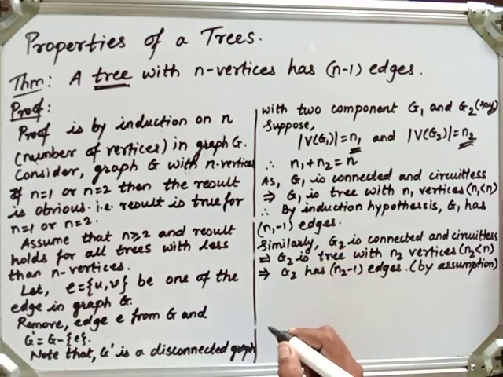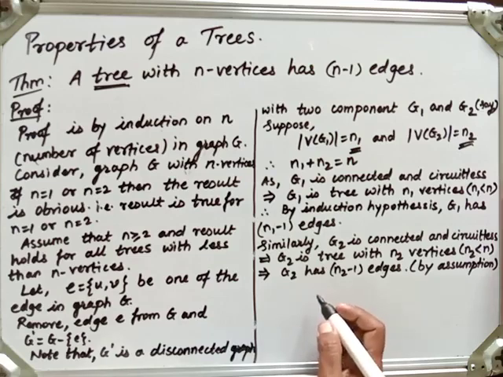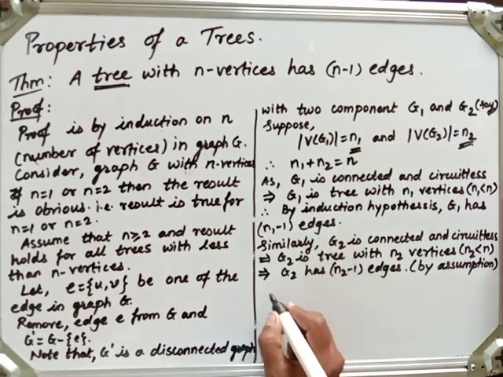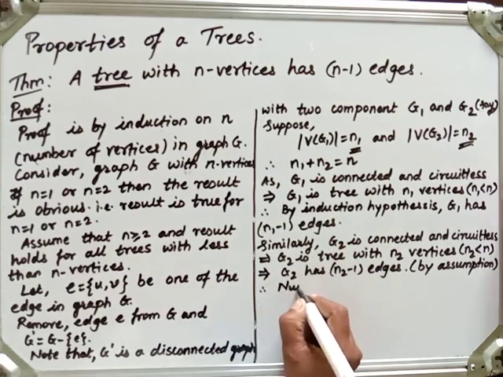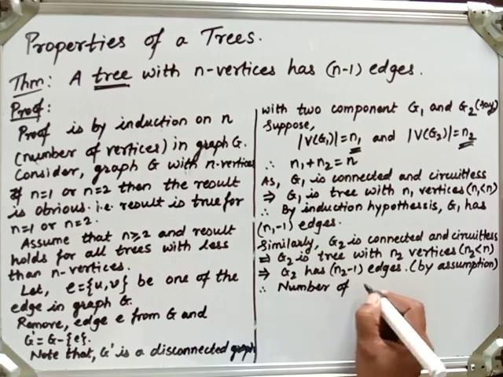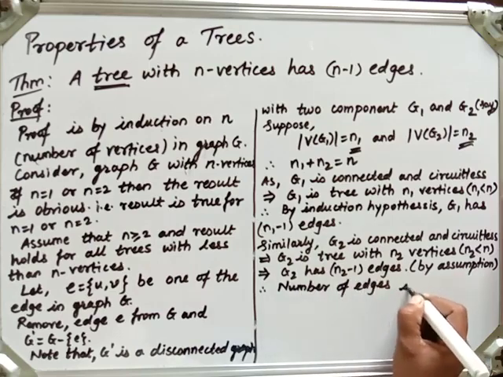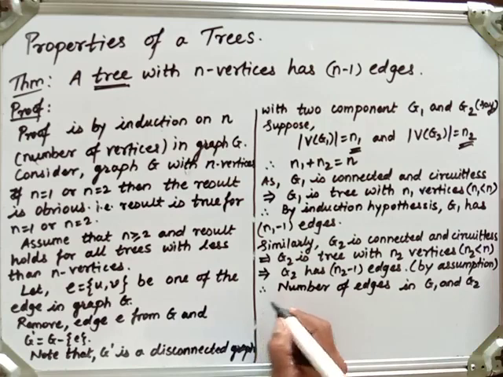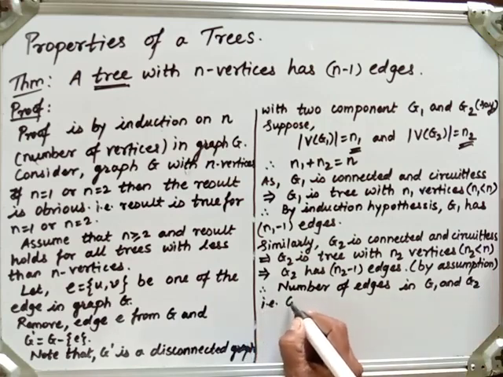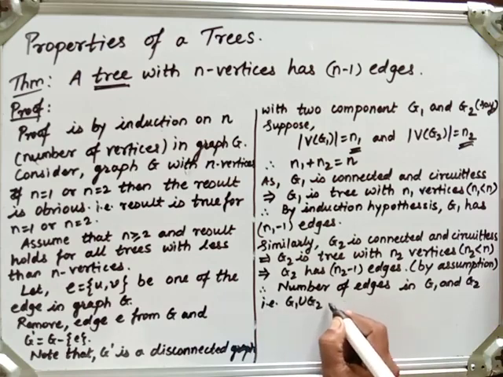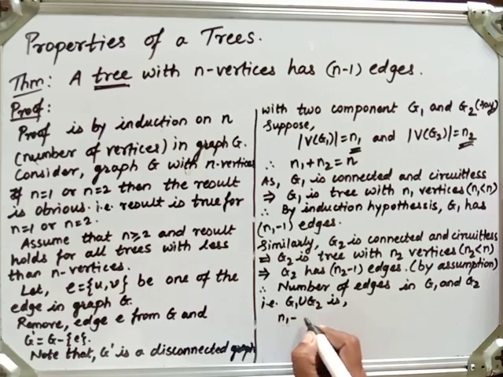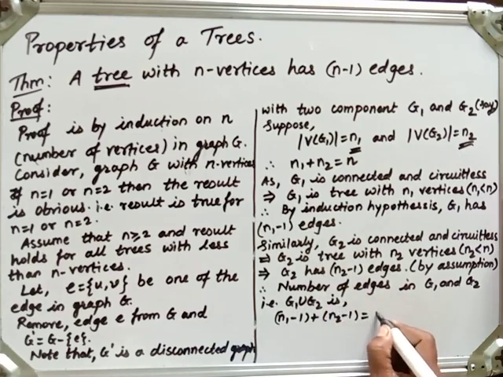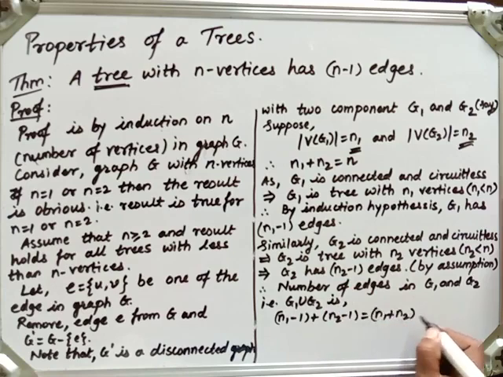So from that, as G2 has N2 minus 1 edges and G1 has N1 minus 1 edges, therefore the number of edges in G1 union G2 is N1 minus 1 plus N2 minus 1, the addition of them, that is N1 plus N2 minus 2.